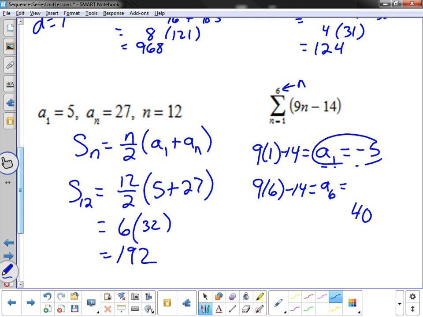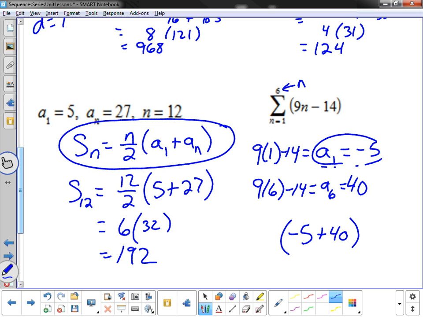Because now I can just say, I take negative 5, add 40. That's going to be in my parentheses, so I'm going to use this formula. 6 over 2 is my S sub 6. So 3 times 35 gets me 105. So there's my sum there.